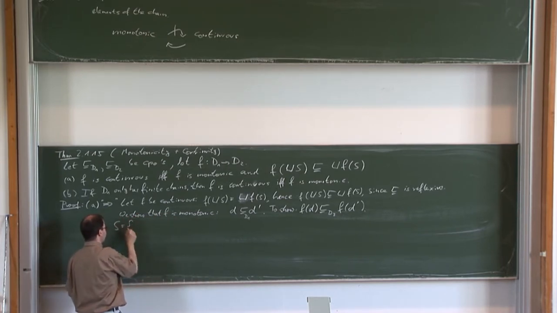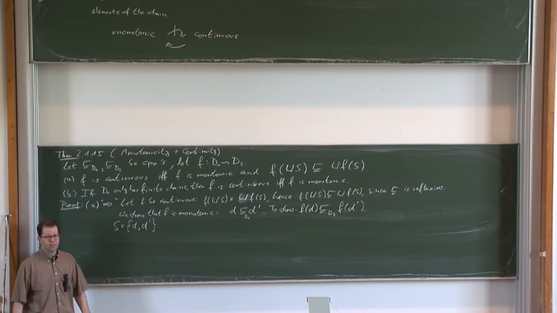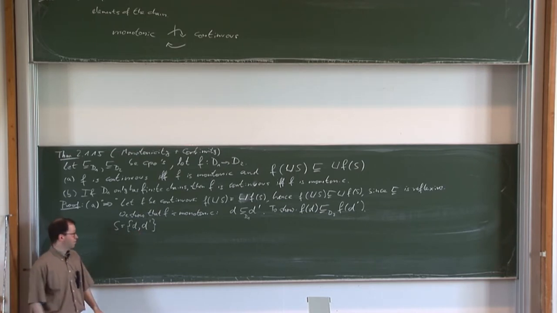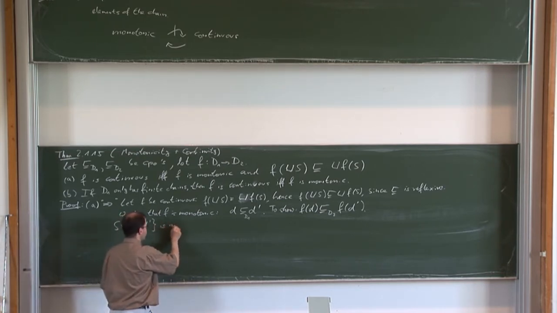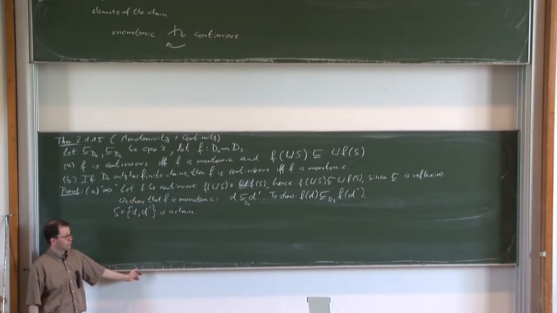So let's say S is the set {d, d prime}, and that's clearly a chain, because you can order these elements. d is less than d prime. So this is a chain.